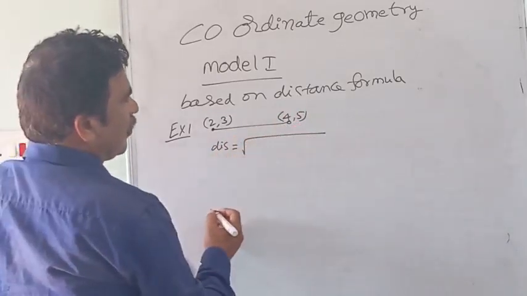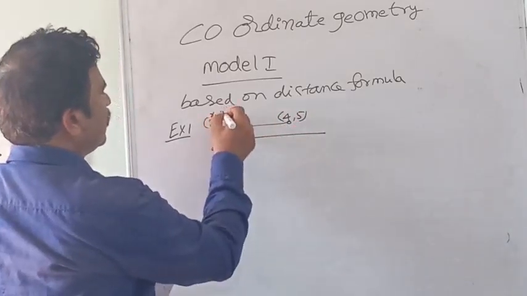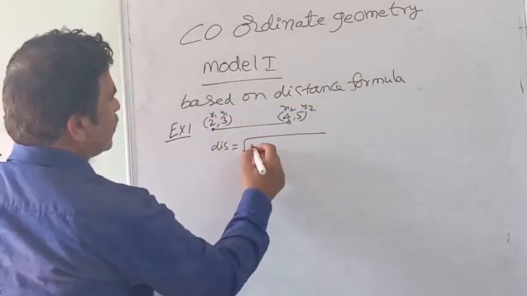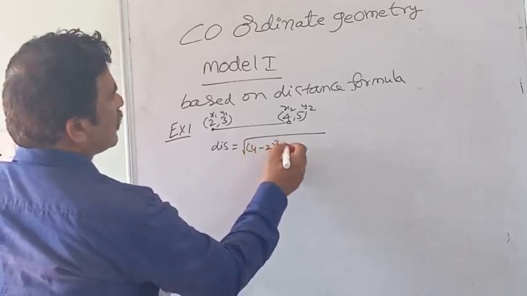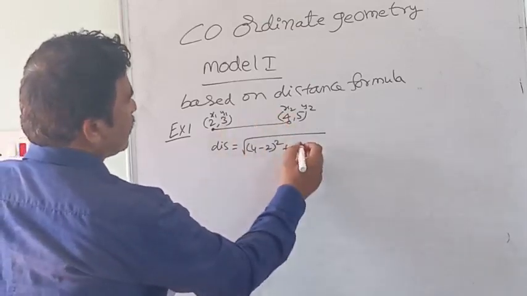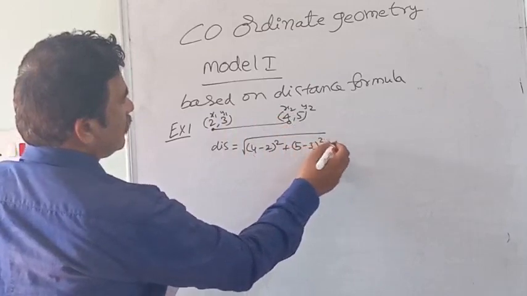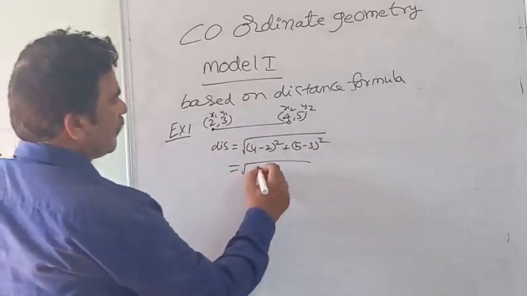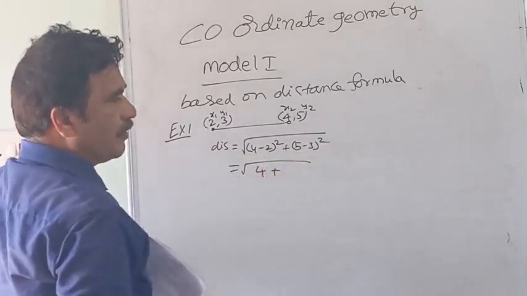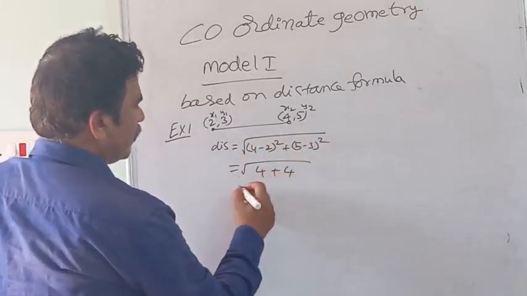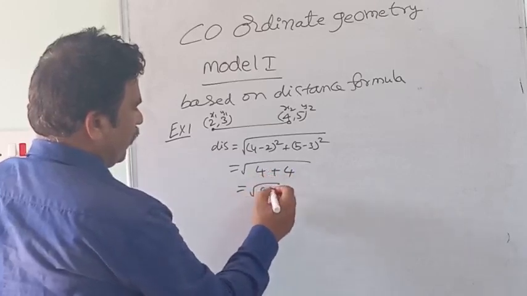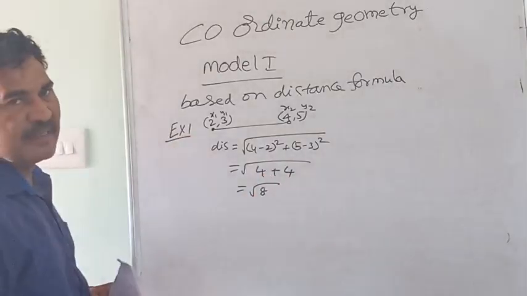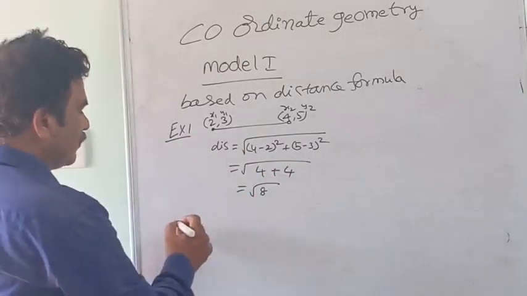This is x1, y1 and this is x2, y2. x2 minus x1 means 4 minus 2 whole square, plus 5 minus 3 whole square. 4 minus 2 is 2, 2 square is 4. 5 minus 3 is 2, 2 square is 4. 4 plus 4 is 8. Therefore root 8 is the answer. This is a basic level question, but generally won't come in the exam.